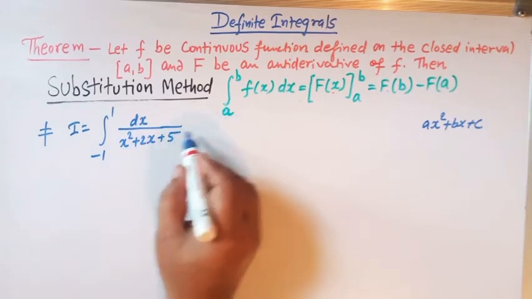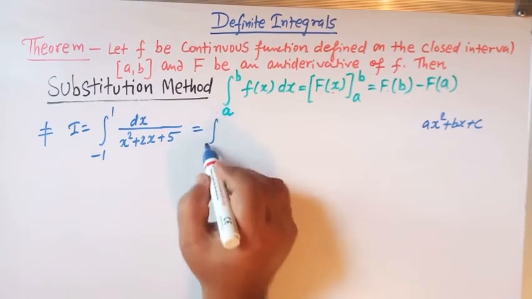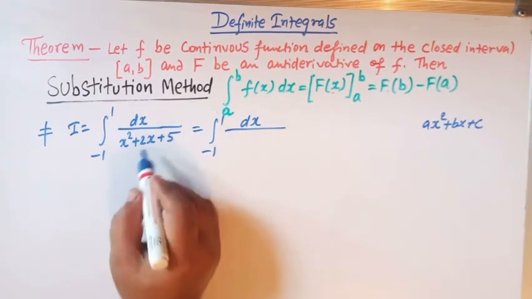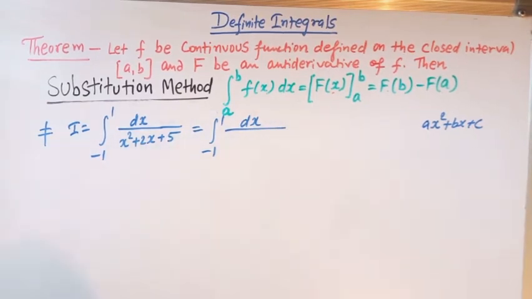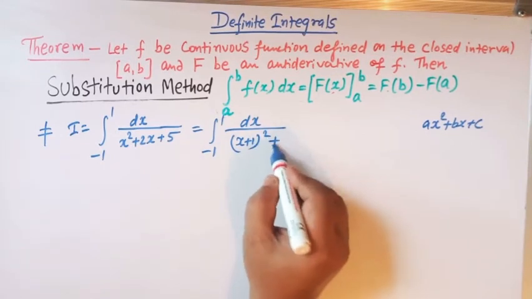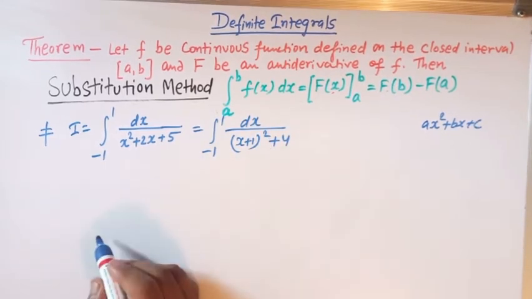So what we will do here, we'll write this expression x square plus 2x plus 5 as x plus 1 whole square plus 4.